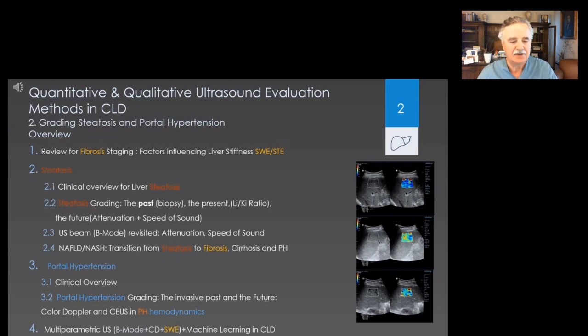And the third chapter is going to be portal hypertension grading, through the invasive past to the future with color Doppler and Zeus. And finally, we're going to discuss how all those parameters can be unified through a mathematical machine learning model.